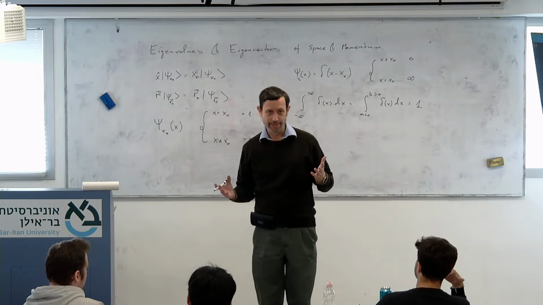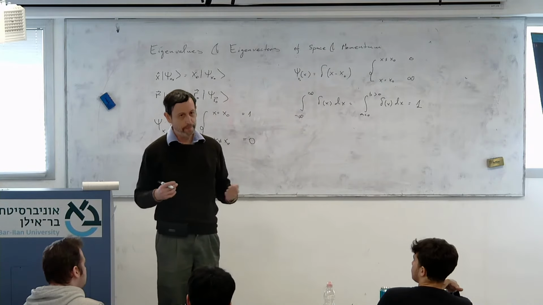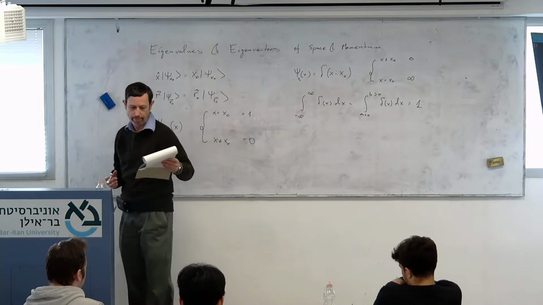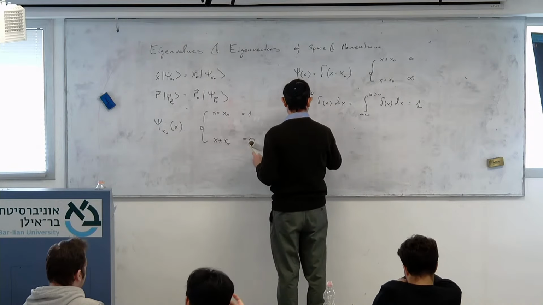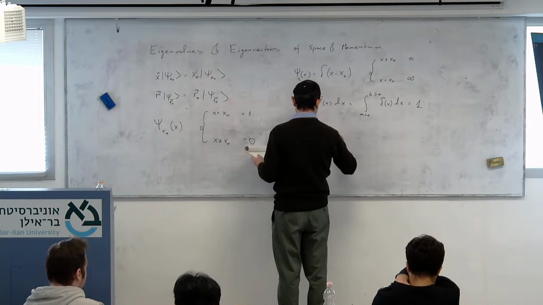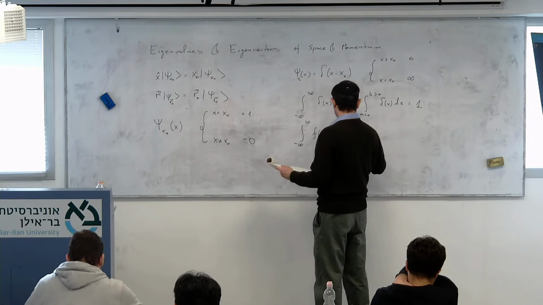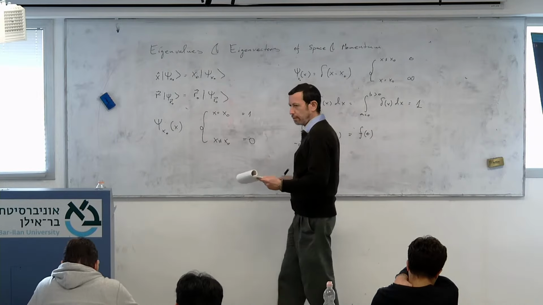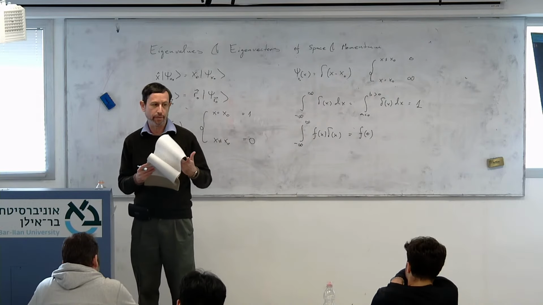If I would have written x minus x0, then I have to be above and below x0. And if it was x minus x0, it would have been f of x0.